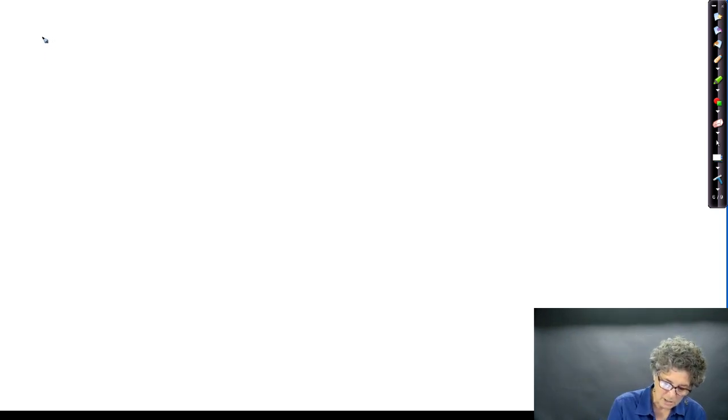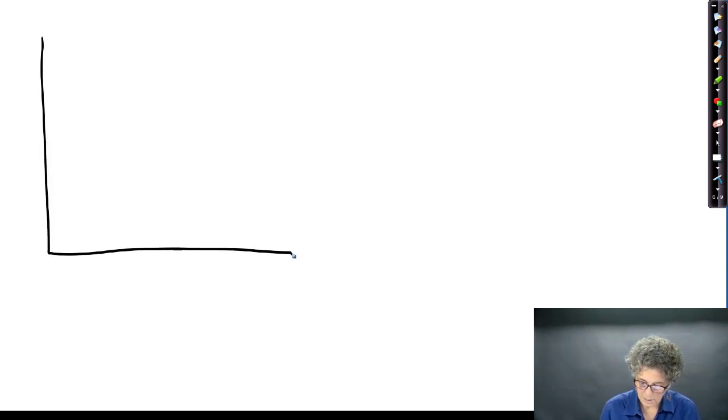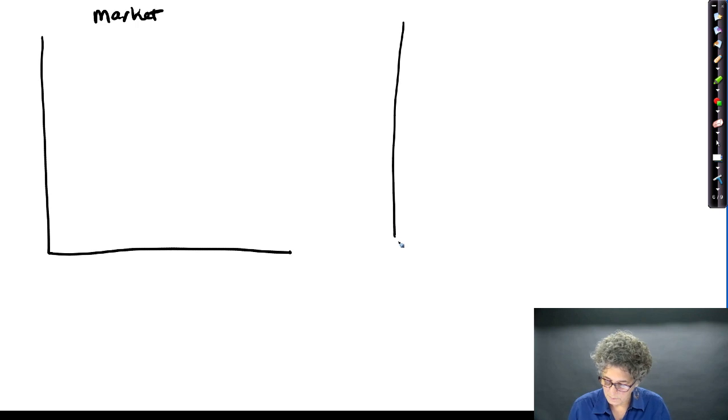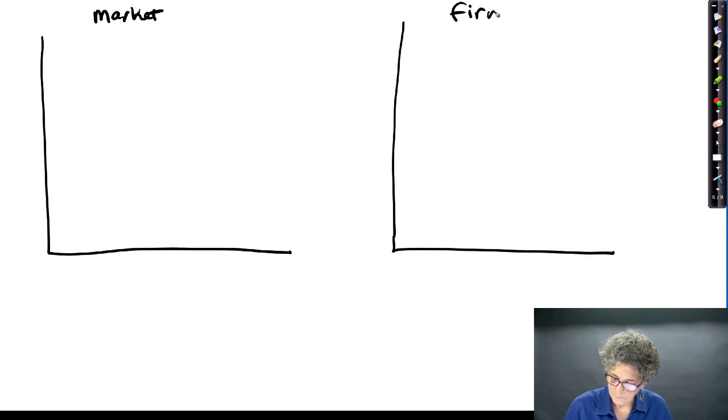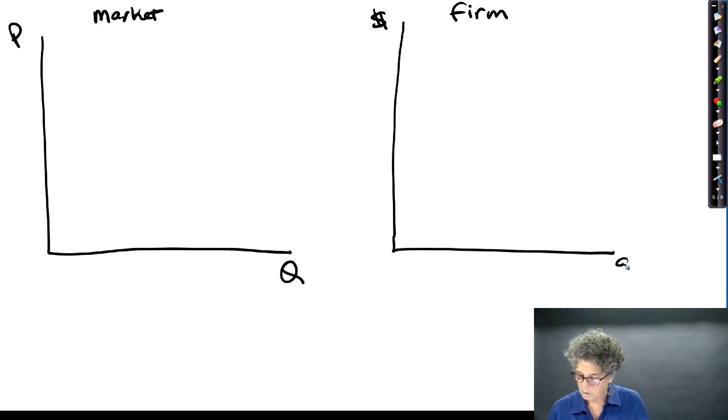So two graphs. The market graph is going to be on the left, and the typical firm graph is going to be on the right. Price on the vertical, market quantity on the horizontal for the market graph, dollars on the vertical, quantity for the typical firm on the horizontal axis of the firm graph.